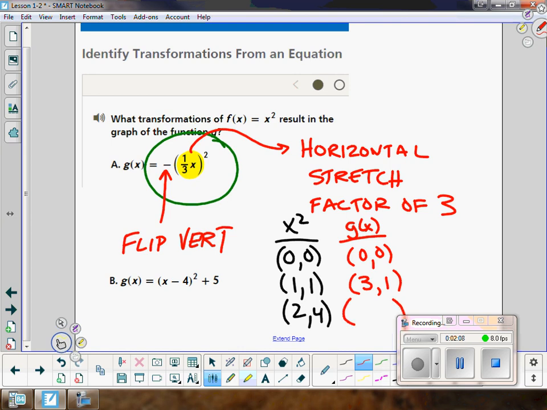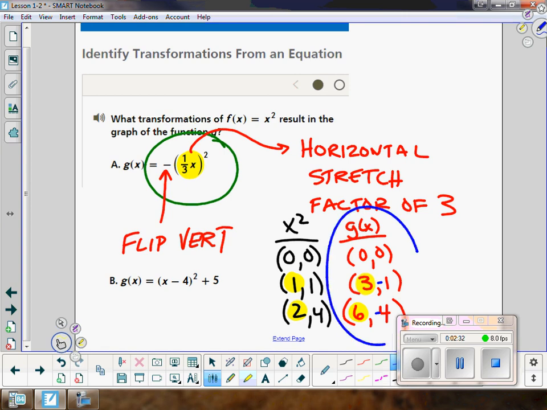And for the third point, the point 2, 4, I predict that we're going to see a point at 6, 4. The x's are going to be multiplied by 3. Keeping in mind that it's going to flip upside down, so the y coordinates will be 0, -1, -4.